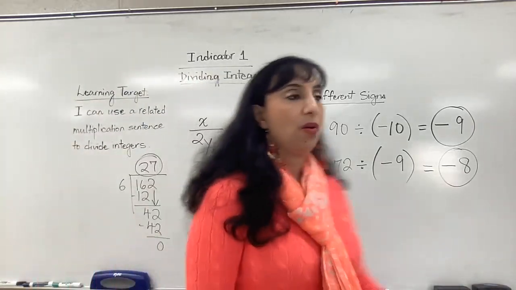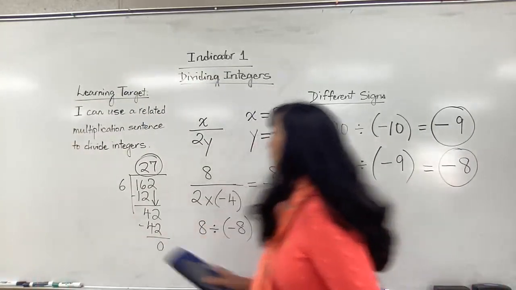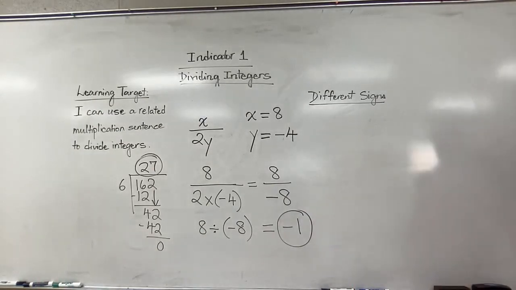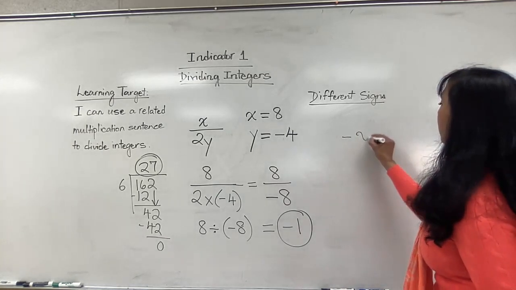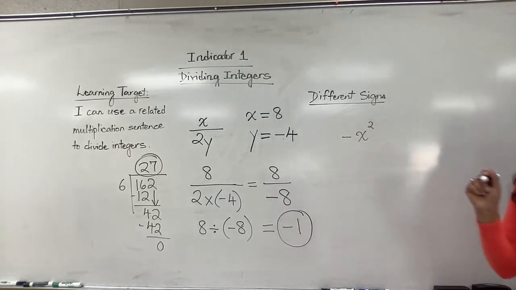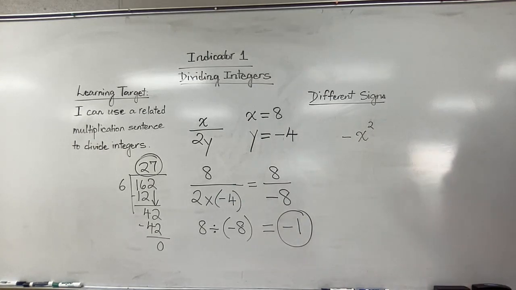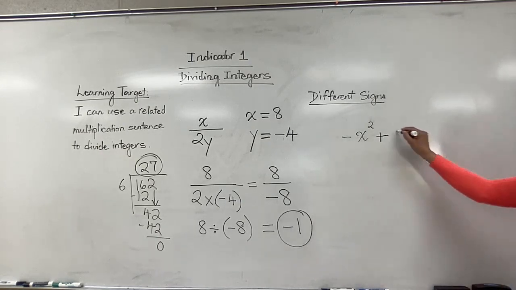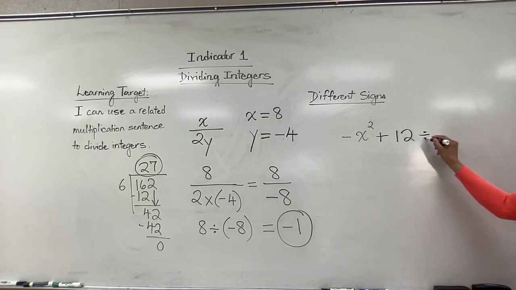All right, so let's solve another one using the different signs. We are given an algebraic expression, and x and y are going to have exactly the same values as I put earlier. But let's now do negative x squared plus 12 divided by y.